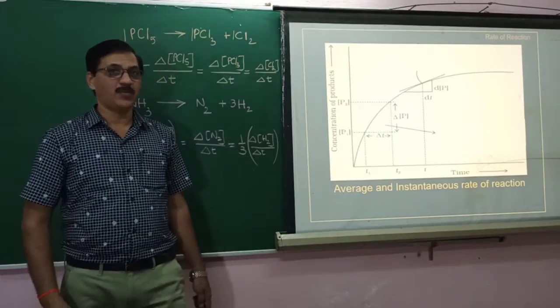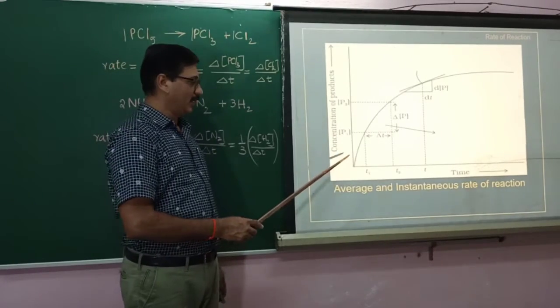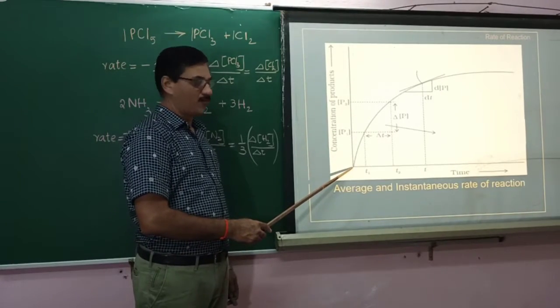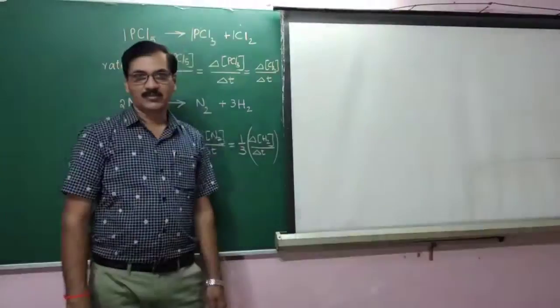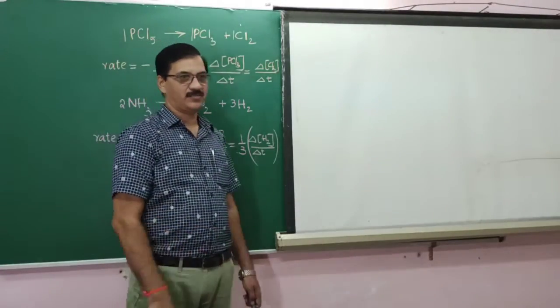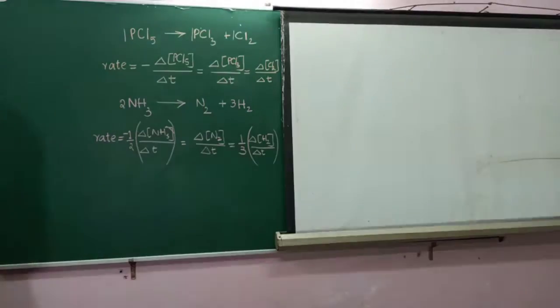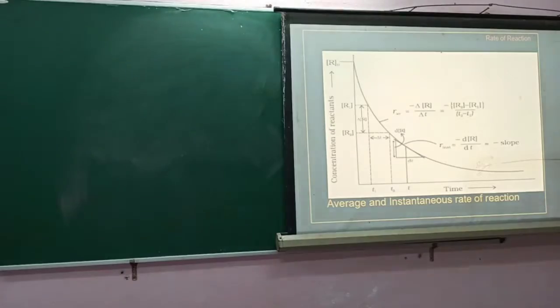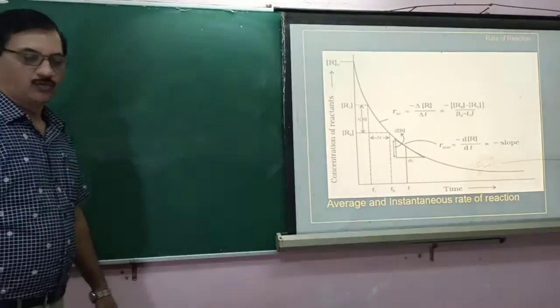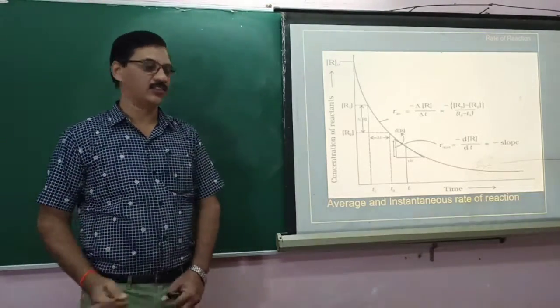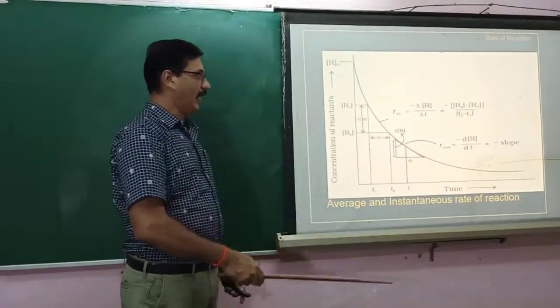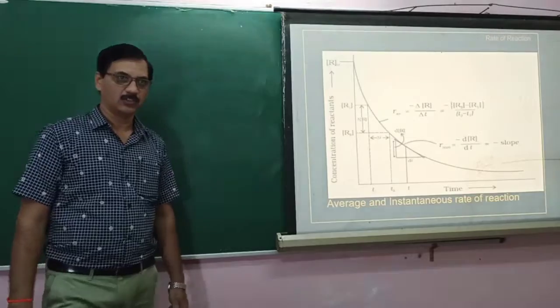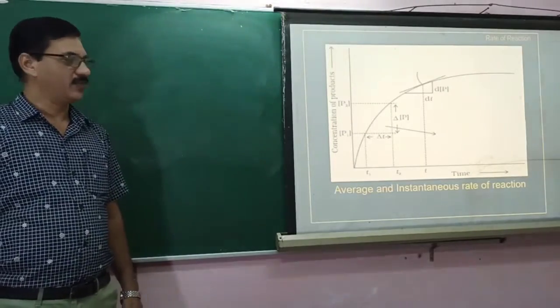Right? So from the view of the product, the initial concentration of the product was 0 and now the product's concentration increases as time changes. From the point of view of the reactant, it is decreasing, and the slope will determine the rate of the reaction.